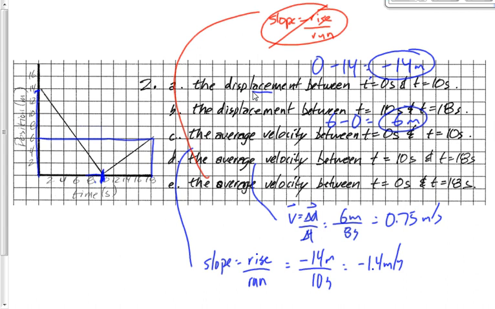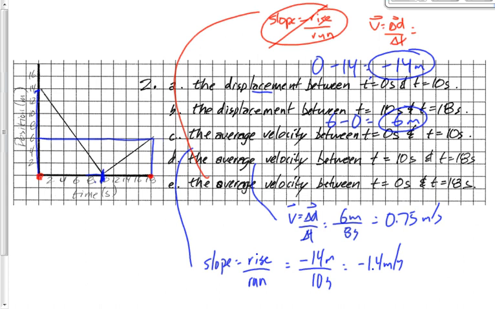Why can we not use the slope equation to find the average velocity between 0 and 18 seconds? Yep. Right. It's not a constant speed. It's not a straight line. There's two straight lines. In question number 4, there's a curved line. When it's not a single straight line, you can't use the slope equation. But what you can do is still use v is equal to delta d over delta t.